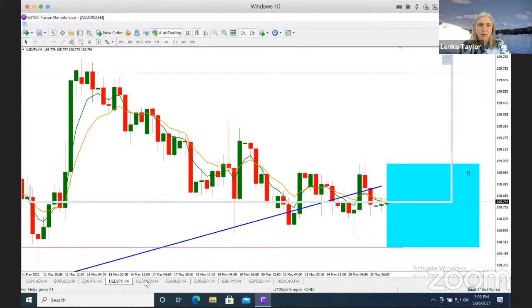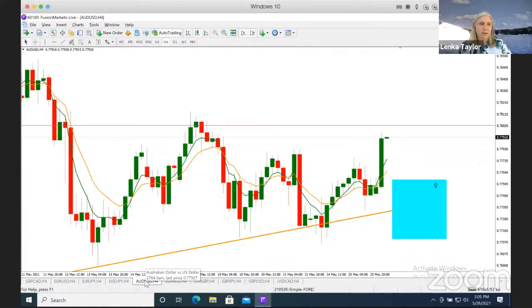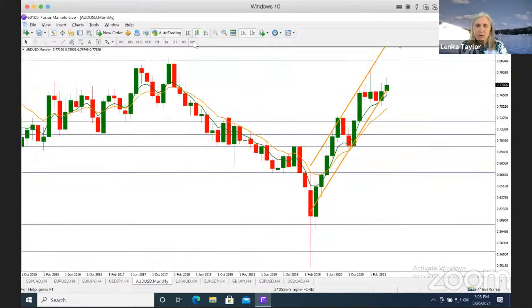Next currency pair I'm going to have a look at is AUD USD. So this one I'm looking for a long, but it has just run off.